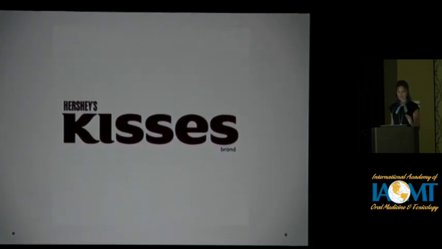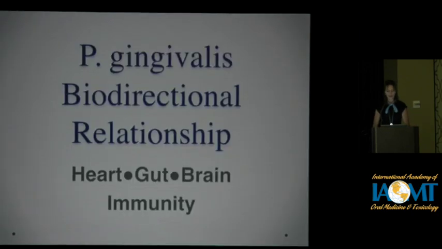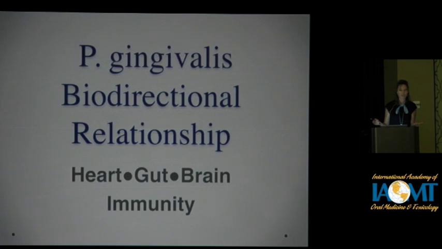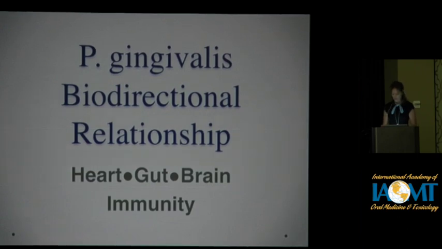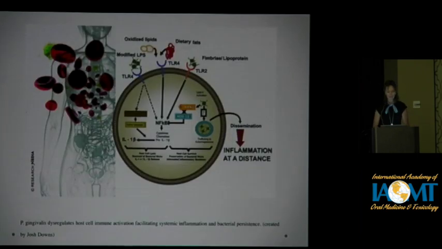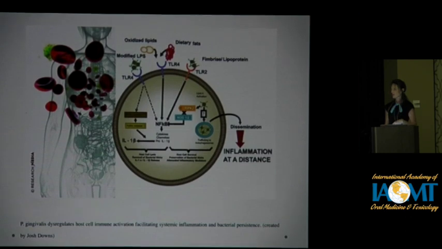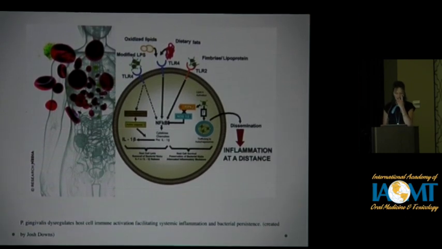This is what I mean about trying to get into a little bit more bidirectional relationship with just a single pathogen, P. gingivalis. It's going to impact the heart, the gut, and the brain. It impacts immunity. Got this great, amazing study coming up. It's actually in the process.